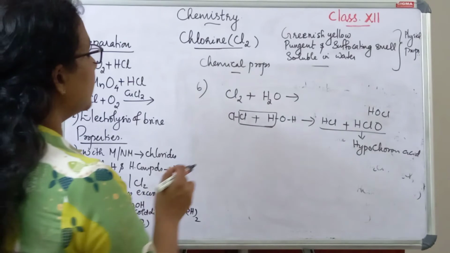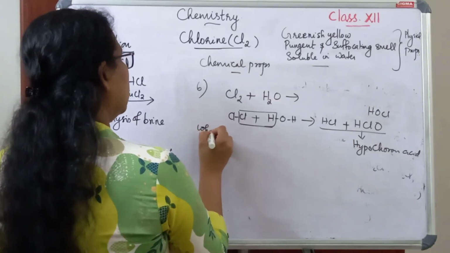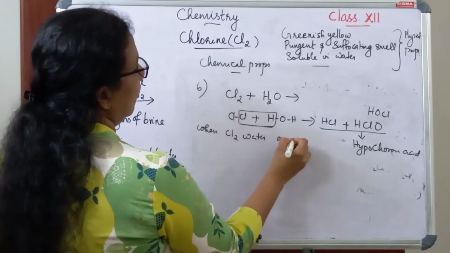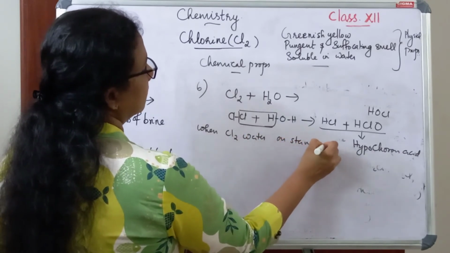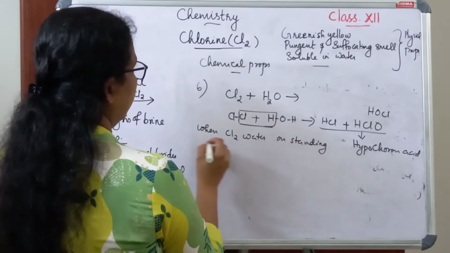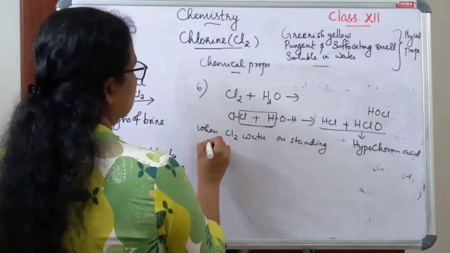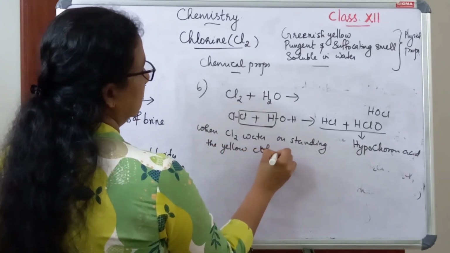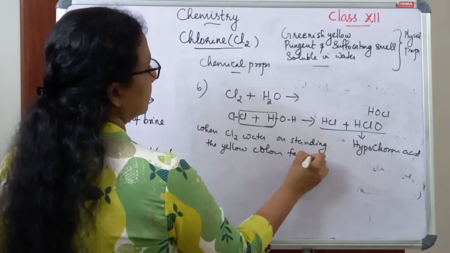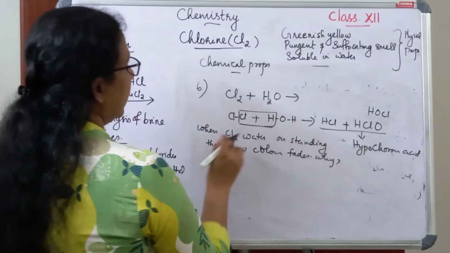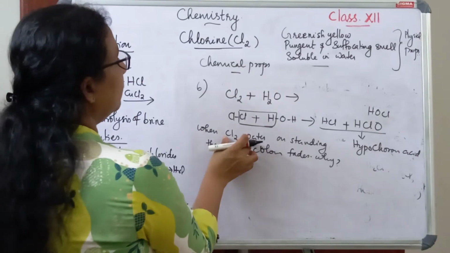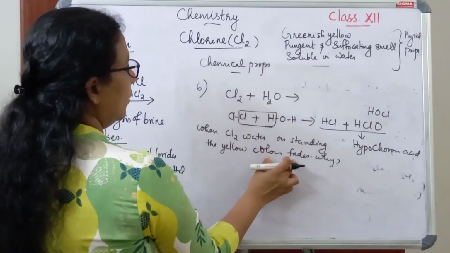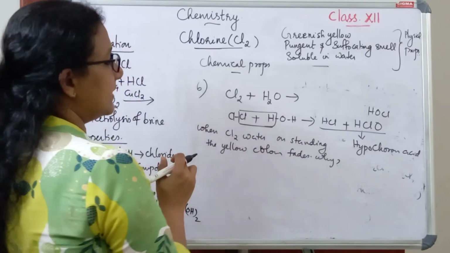Here we can expect a question: when chlorine water is left standing, the yellow color fades. Why? When chlorine is dissolved in water, it has a greenish yellow color, and that yellow color fades away.